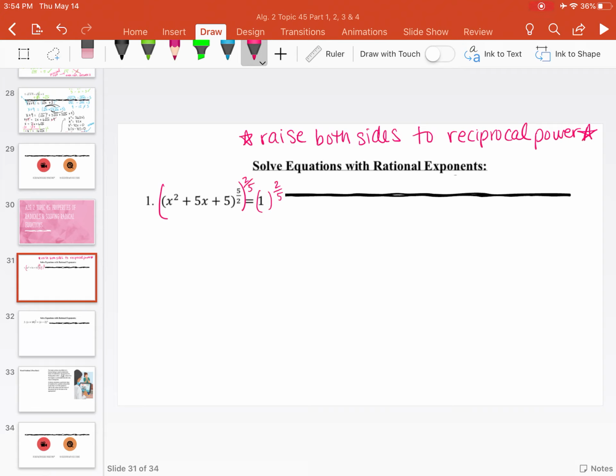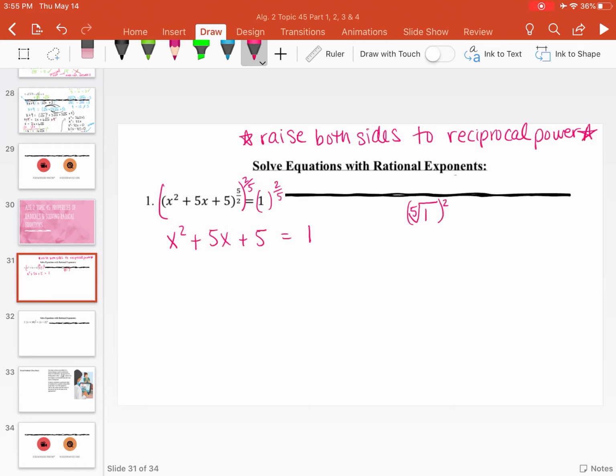On the left-hand side, it will simplify just to the power of 1. So we'll be left with x squared plus 5x plus 5 equals, now 1 to the 2/5 power is 1. Another way that we could simplify that is, remember, it is the 5th root of 1 squared.